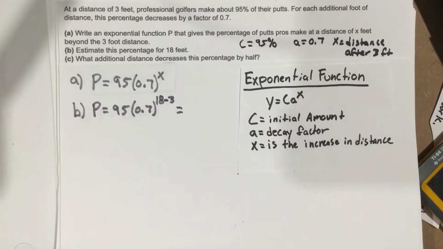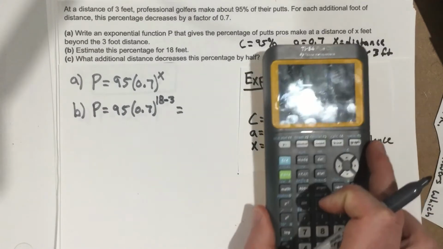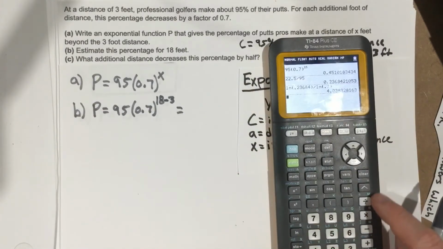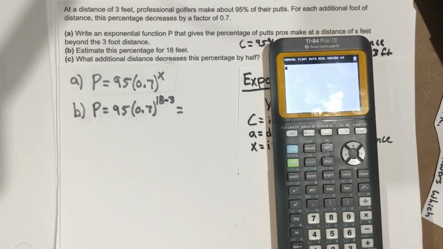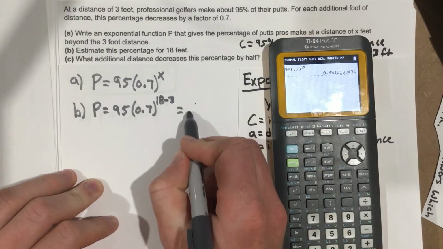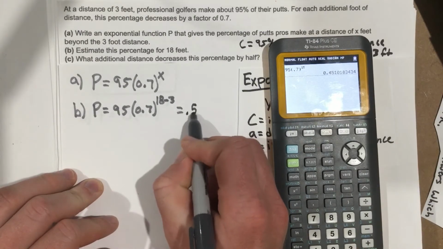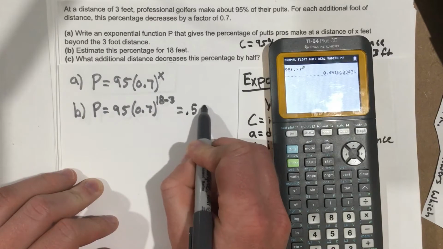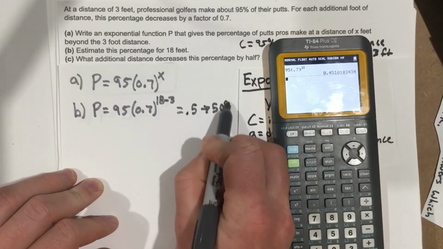And that's going to equal, so we know 18 minus 3 is just 15. I just wanted to put that there to show you why we're doing that. So we're going to do 95 times 0.7 to the 15th. That tells us 45%, but they want us to round to the nearest tenth, so that's about 50%. We'll say equals 0.5, which is 50%.